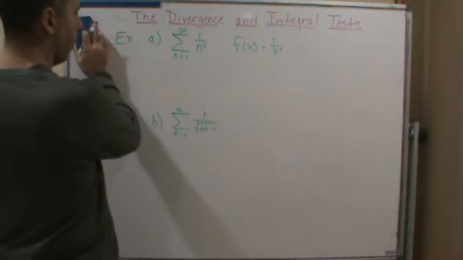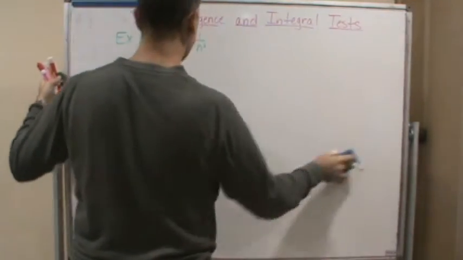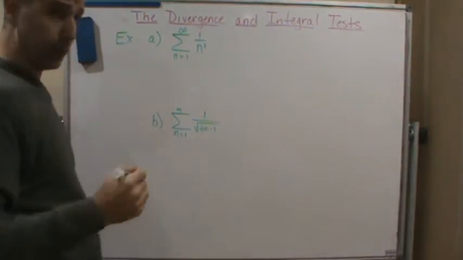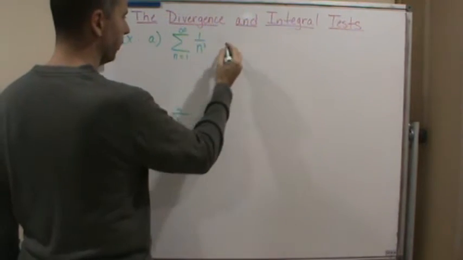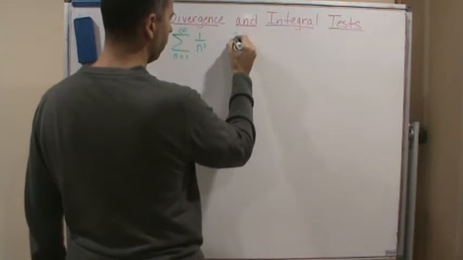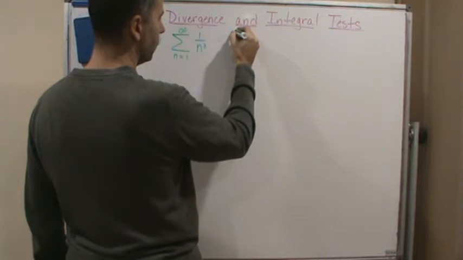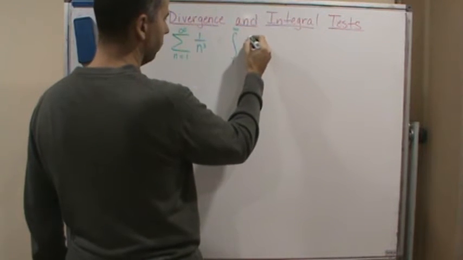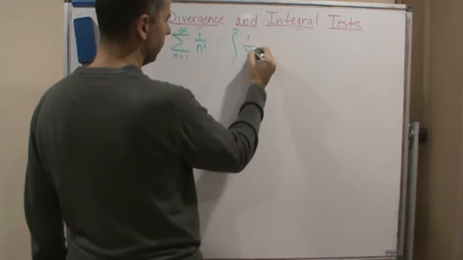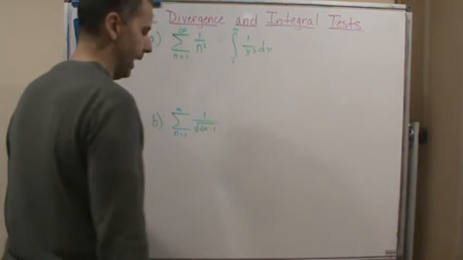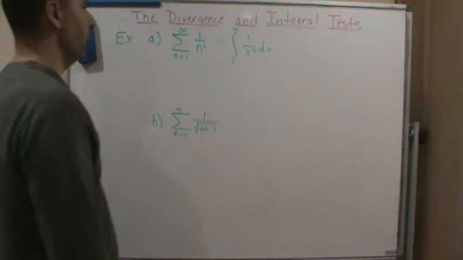So now, we're going to take the improper integral. Let's look at the improper integral from 1 to infinity of 1 over x cubed dx.